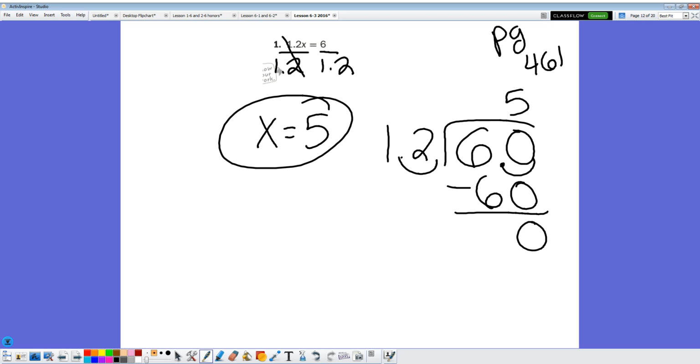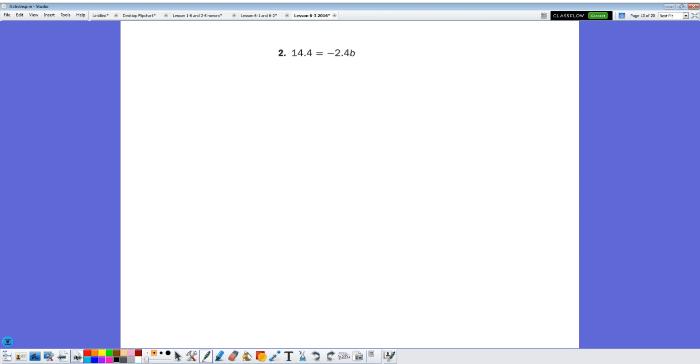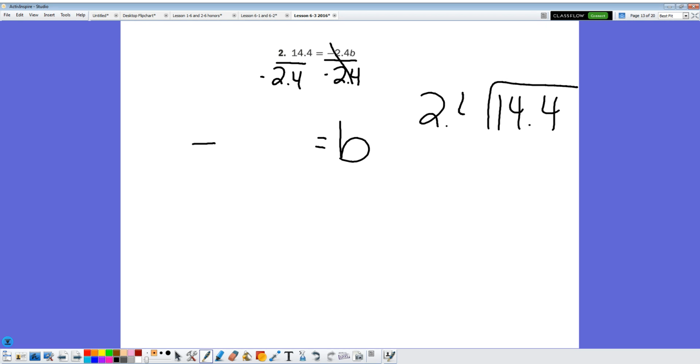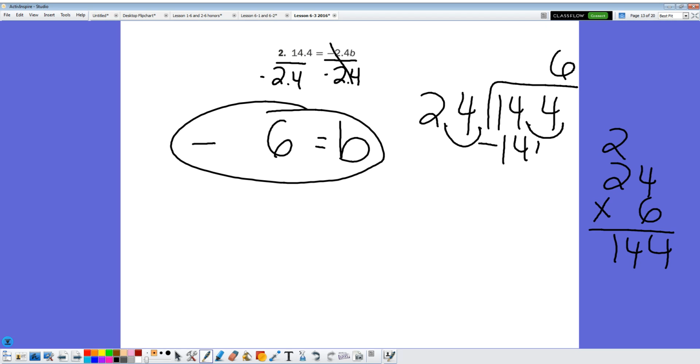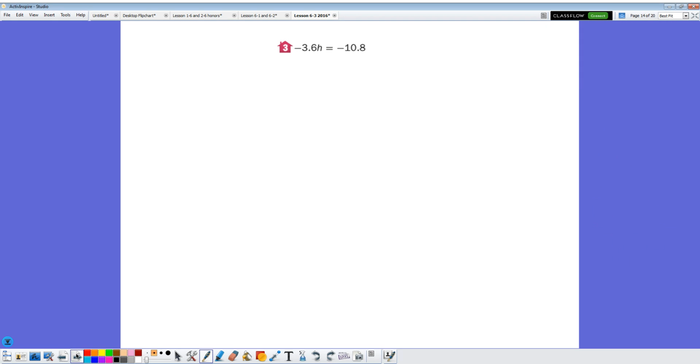So my solution for number 1 is x equals 5. For number 2, my answer is b equals negative 6.